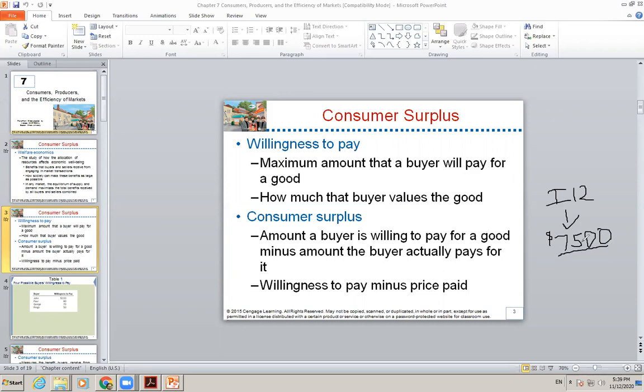But when you go to the market and purchase it for 1,200, the difference is 300. So this is the consumer surplus you get. This is the benefit that you get. So willingness to pay minus price paid gives you the consumer surplus.